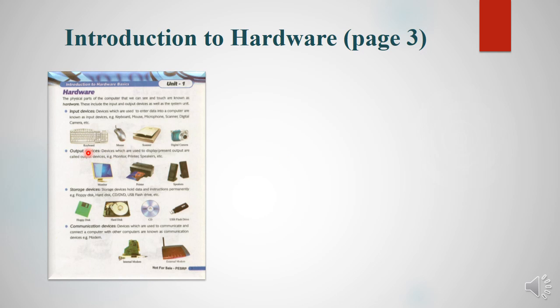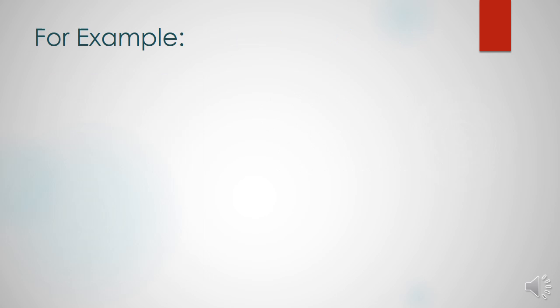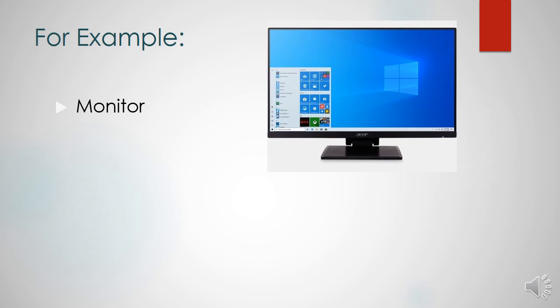Output devices. Devices which are used to display or present output are called output devices. By using these devices, we can get output. For example, monitor.